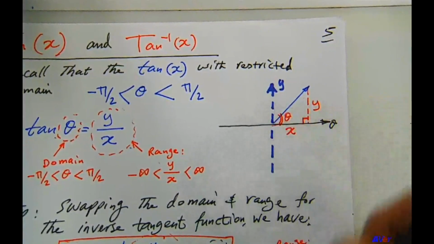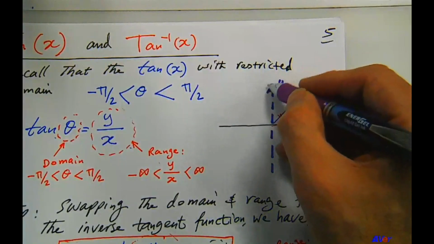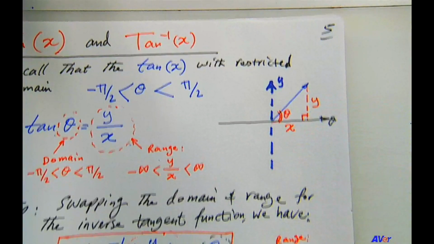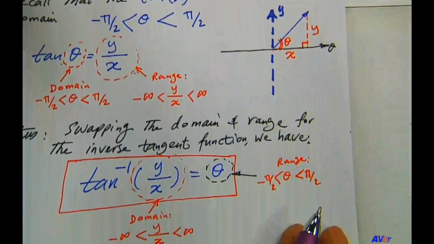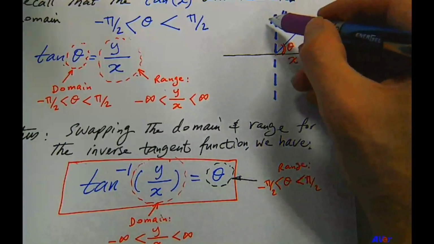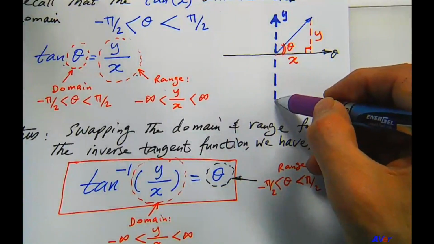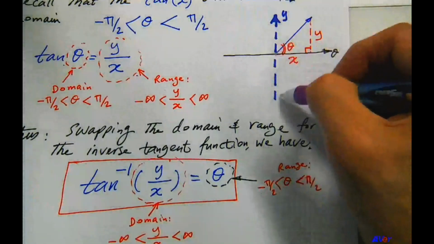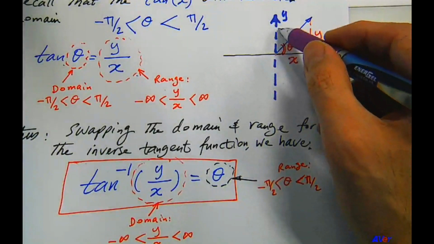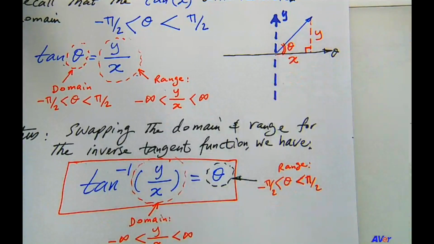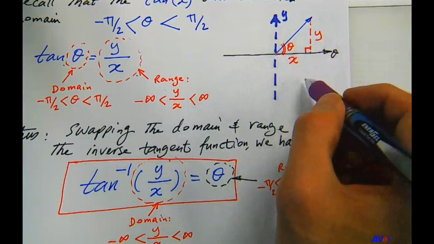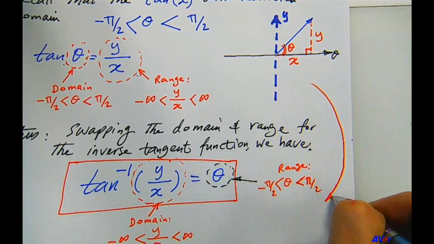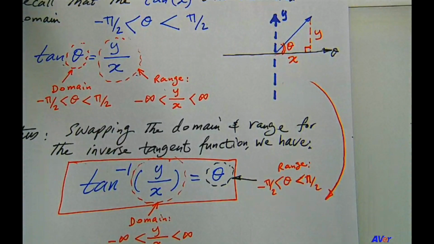But I should have drawn this picture here, because pi over 2 would be up here, negative pi over 2 would be this end, and theta could not attain those two values. So therefore, it would make sense if we draw the line dashed. Maybe this picture would have been better if I drew it down here, like that.